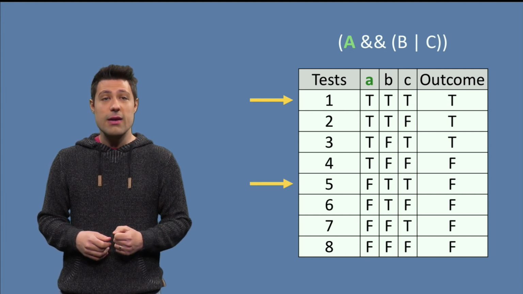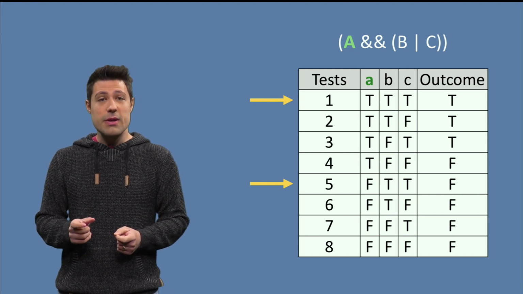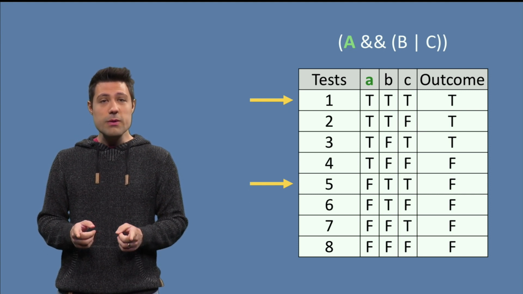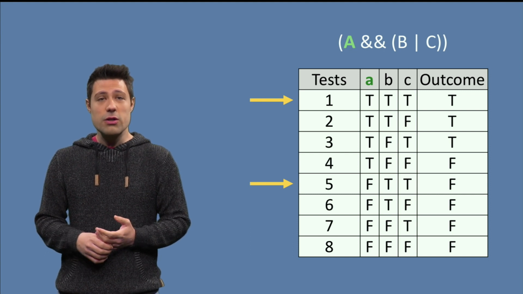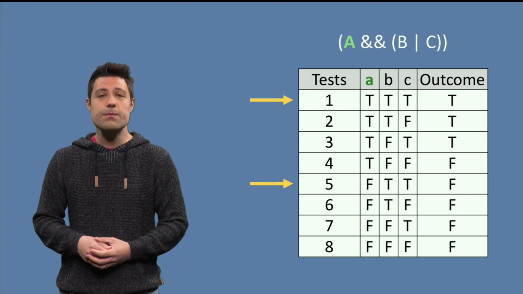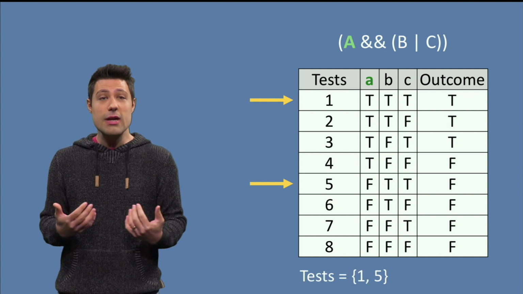Yes, line 5. See, the only condition that changed was A. But the outcome changed as well. This means that our software would take one path if A is true, B is true, and C is true, but another one if A is false, B is true, and C is true. This means that tests number 1 and number 5 are good tests for us.